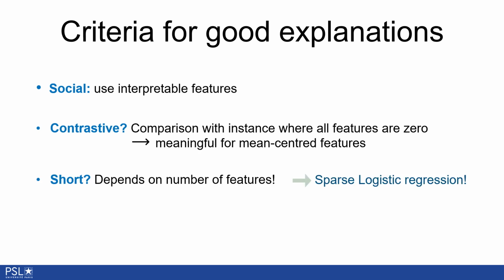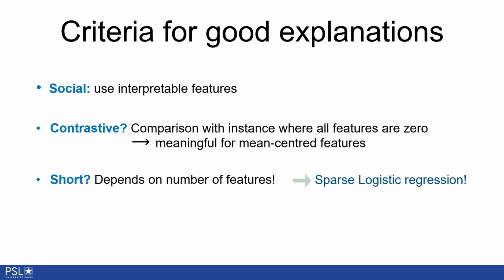Finally, are explanations short and selective? As for linear regression, this depends on the number of features with non-zero coefficients in the model. If many features have large non-zero coefficients, then it becomes difficult to mentally keep track of the contributions of all the features. So, as for linear regression, one way to make logistic regression more interpretable is to minimize the number of features with non-zero coefficients.